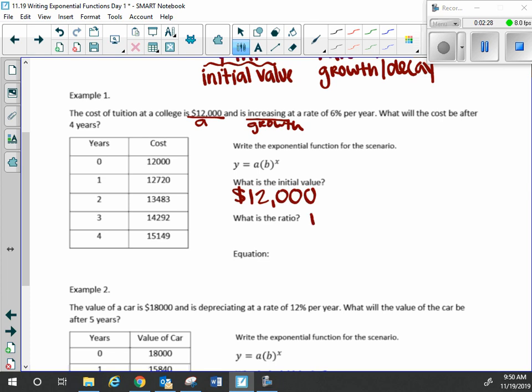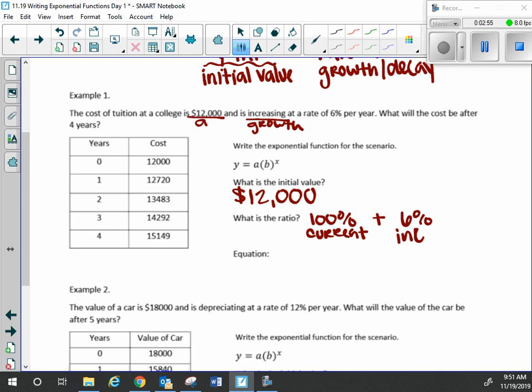You always start with 100%. 100% is our current value, right? 100% of 12,000 is 12,000. Everybody agree with that statement? Yes. Okay. But I'm increasing at 6% per year. So I've got to add in my 6%.